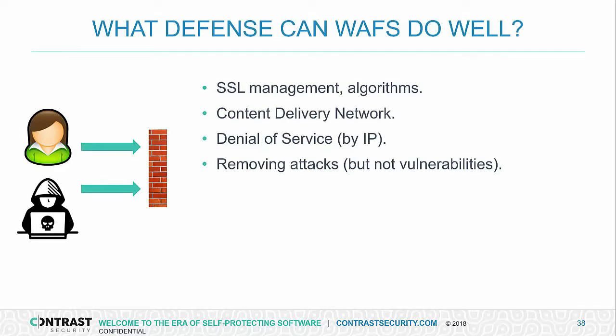So if you just don't want anybody using SQL injection attacks against an application that doesn't use SQL, certainly a WAF can remove those attacks. But because it lacks the context of what the application actually does, it can't differentiate between an attack and a vulnerability. So they're going to constantly alert people about the wrong thing, or just remove a bunch of attacks that don't really matter and would accomplish nothing.